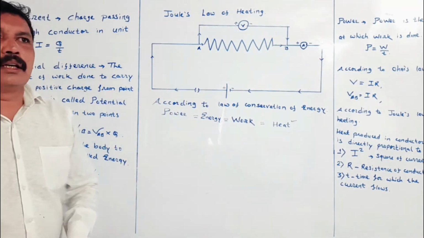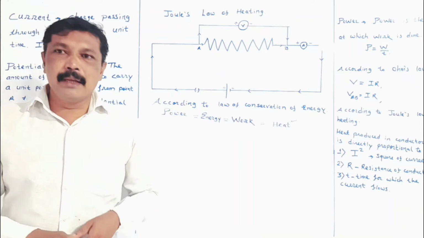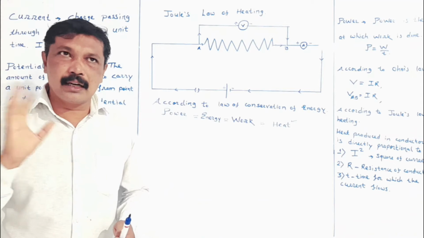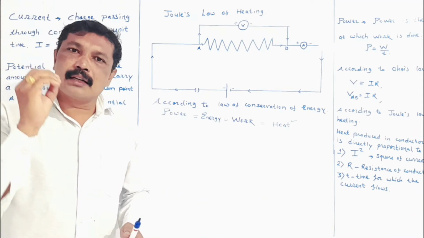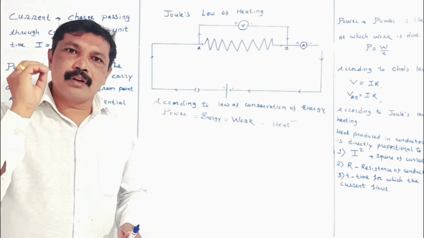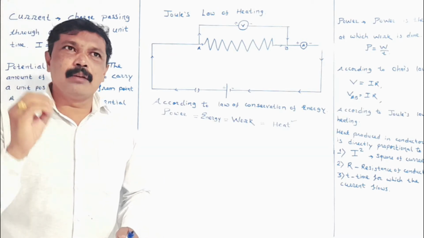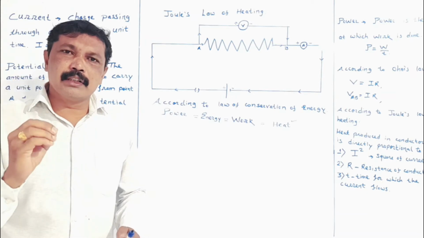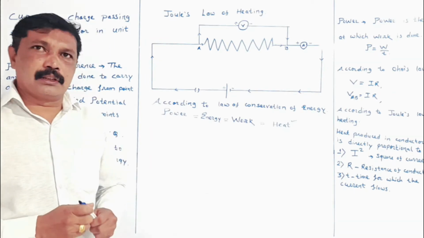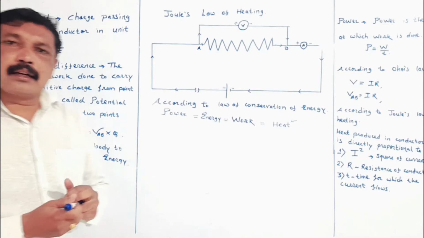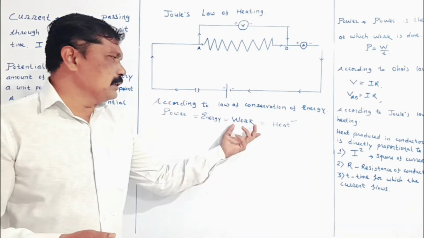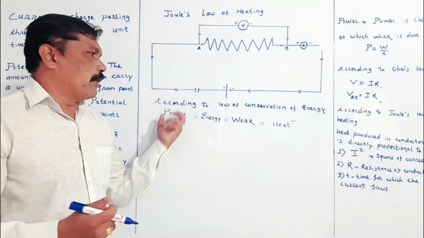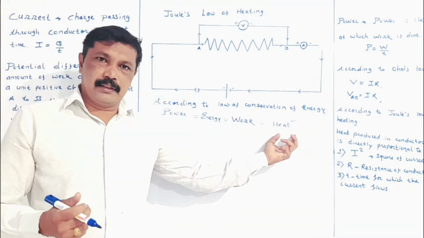So when the current is passed through the circuit, work is done, work is equal to energy, energy equals power, and power will be equal to heat.